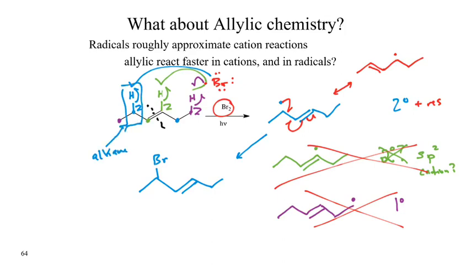All that's changed is that we're saying that alkane position at the allylic spot is the most stable radical, so it's the most likely to form. So that allylic chemistry does come into play. Remember, the allylic chemistry came into play with carbocations. Radicals are roughly carbocations. It all kind of aligns.